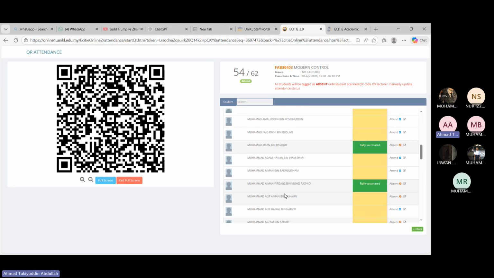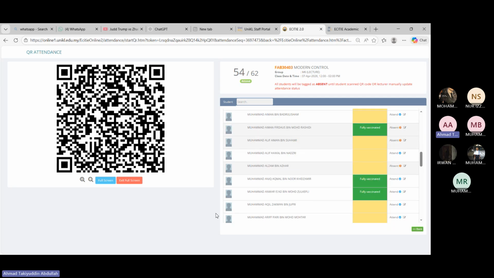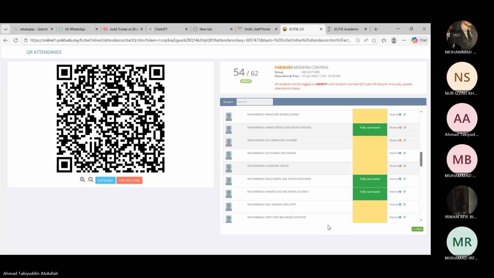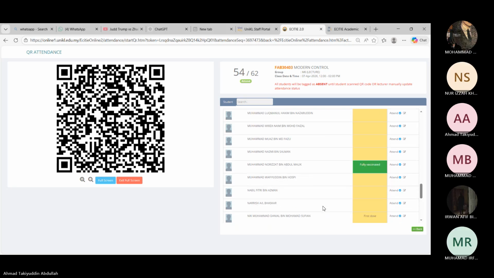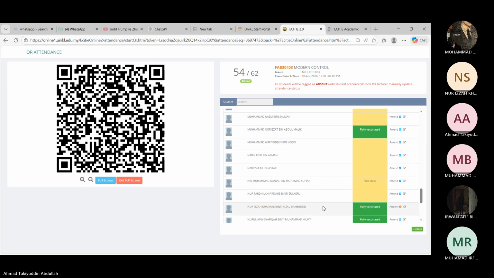Dah boleh, sir. Okey. So awak boleh keluar dulu daripada session. Saya just nak check siapa lagi yang belum. Anwar dah? Hello, Muhammad Anwar. Okey dah. Saya remove dulu awak daripada session. Nur Izzah, awak tak boleh scan ke? Hello?